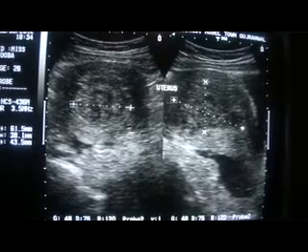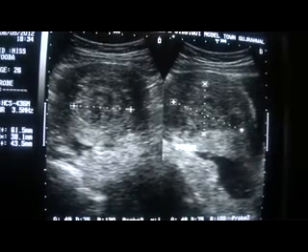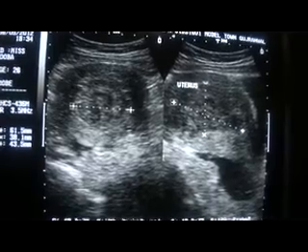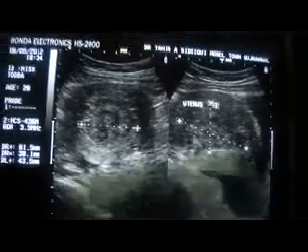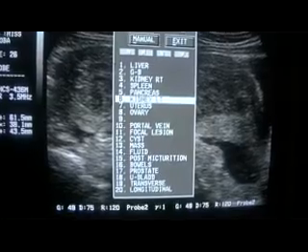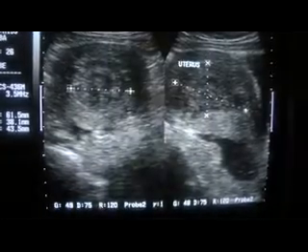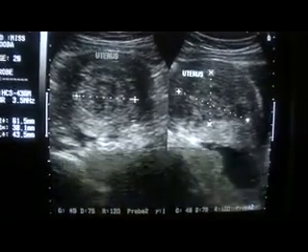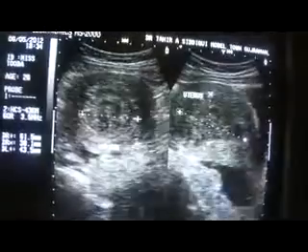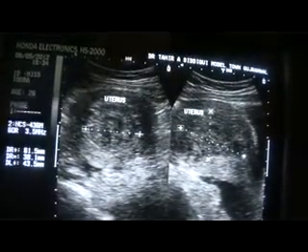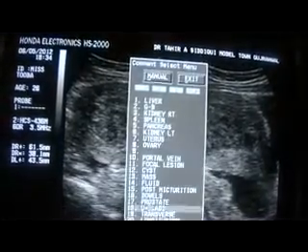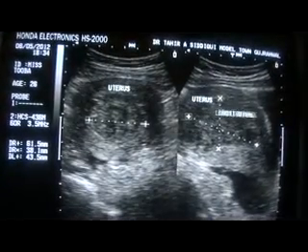And in the region of the left adnexa, we do see a cystic area there. This cystic area that you are seeing is in the region of the left adnexa, and then this cystic area communicates with the fluid.